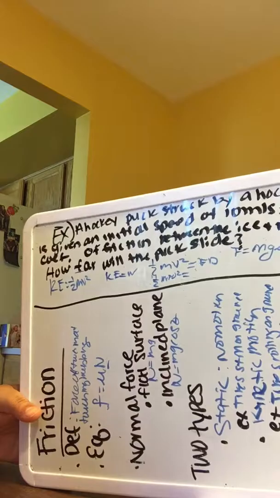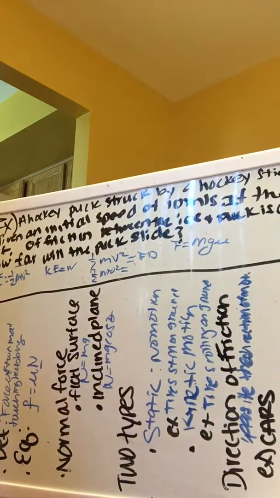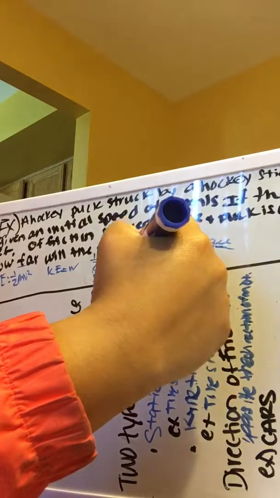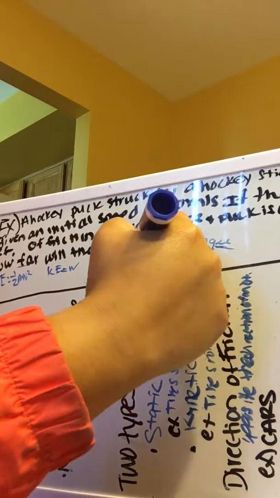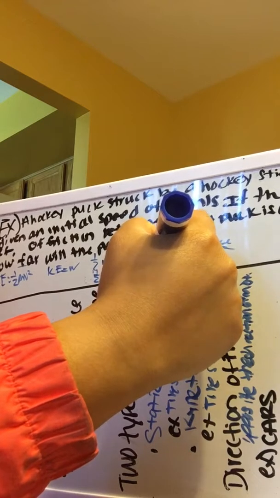The force of friction is equal to the normal force times mu. And in this case, since we're on a flat surface, the normal force is mg, and then mu. So it's equal to the mass times 10 times 0.1.